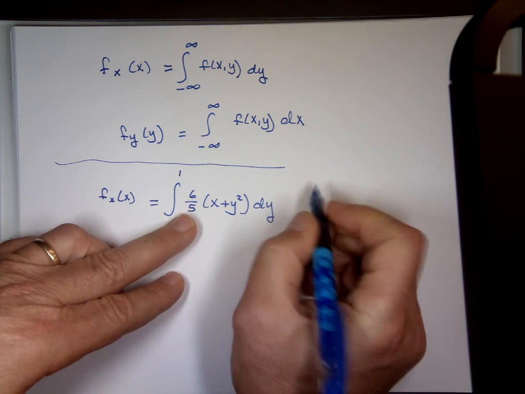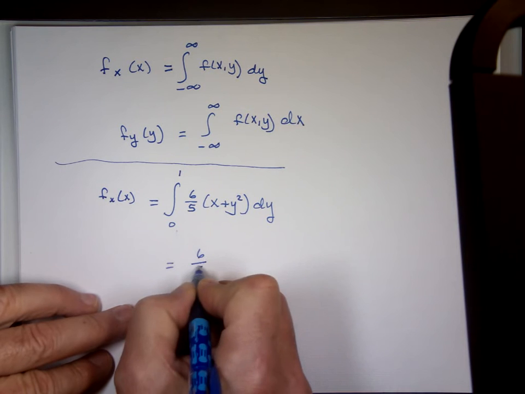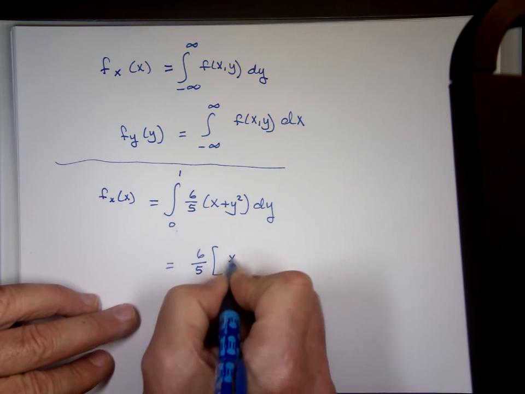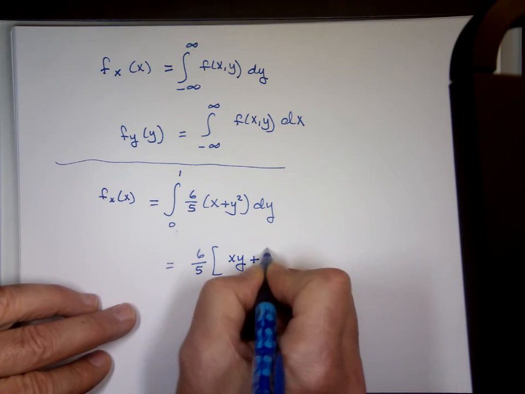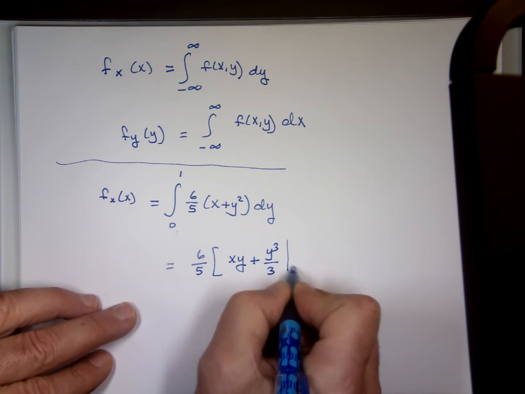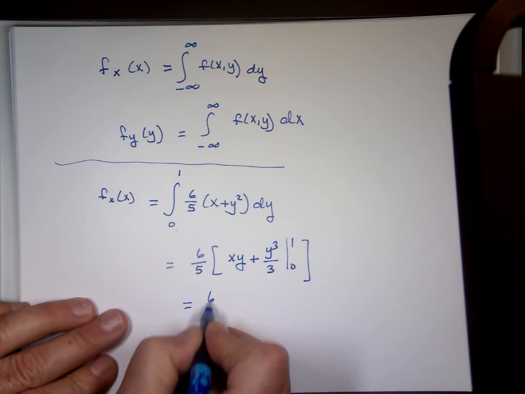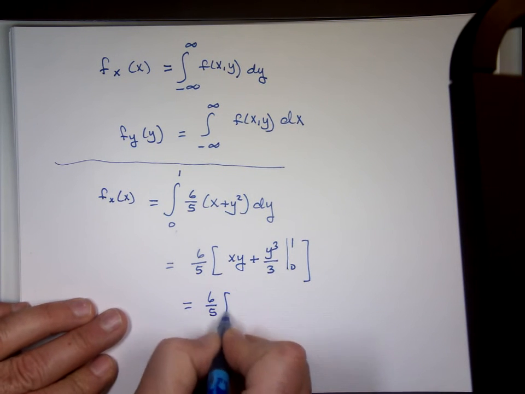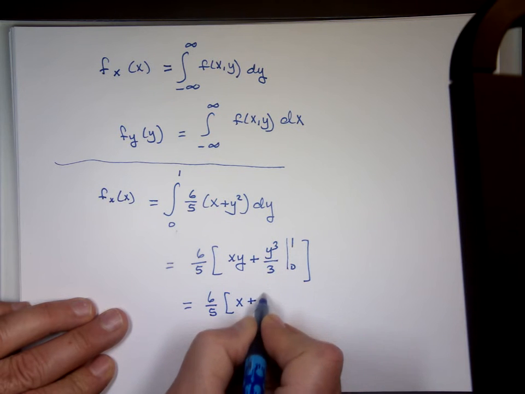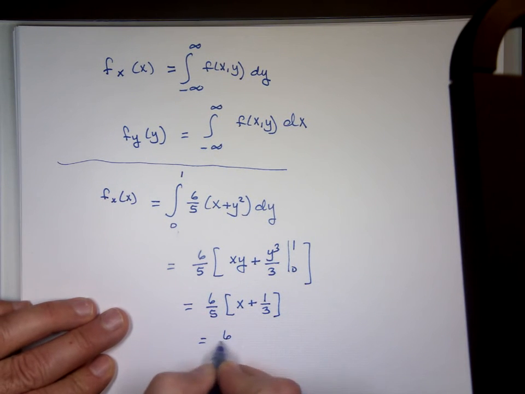So that would be what? 6 over 5 xy plus what? Y cubed over 3 from 0 to 1. When y is 1, that's what? 6 over 5 x plus 1/3. 6 over 5 x plus, what's 6 over 5 times 1/3?